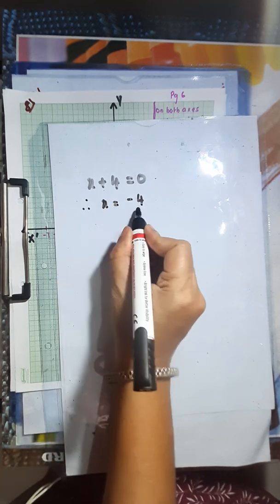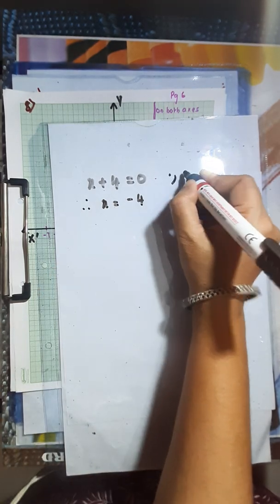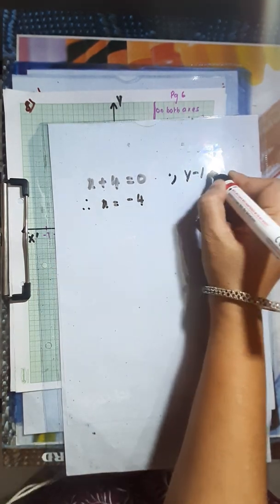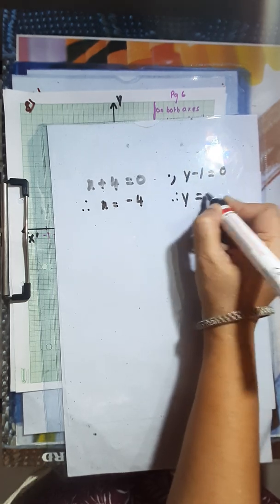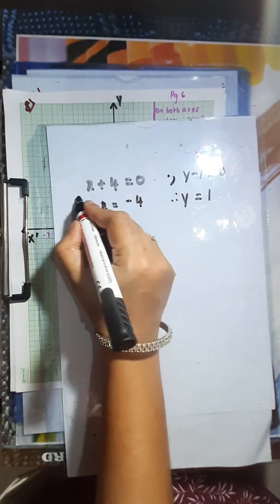So it cuts the x-axis at minus 4, means it is parallel to the y-axis. And the next is y minus 1 equals to 0. Therefore, y is equal to 1. So this is my pair.